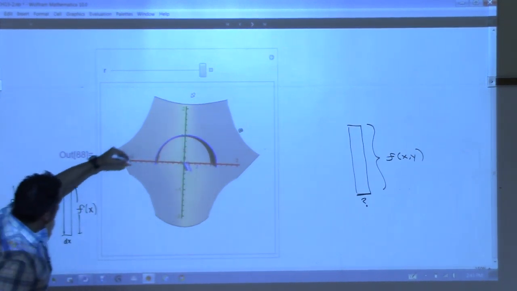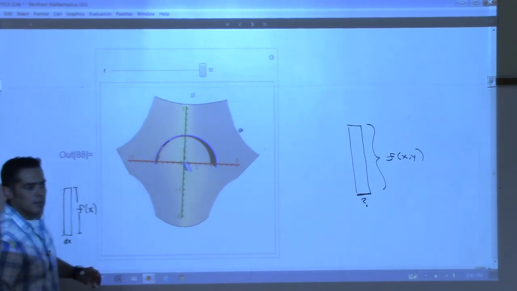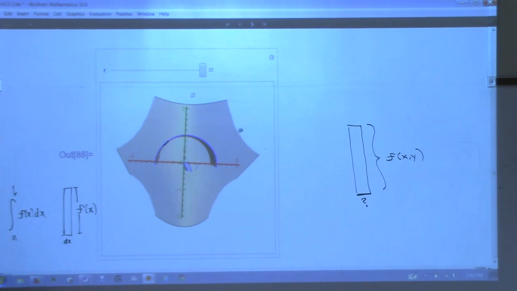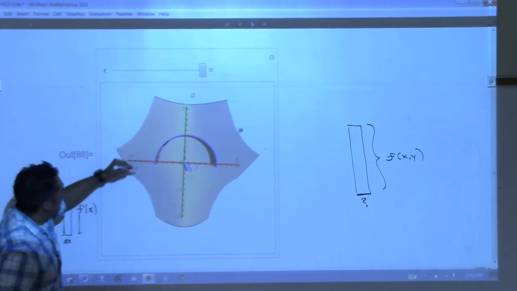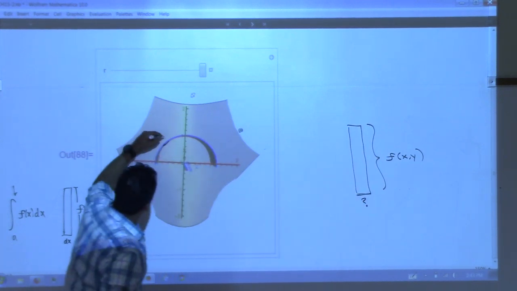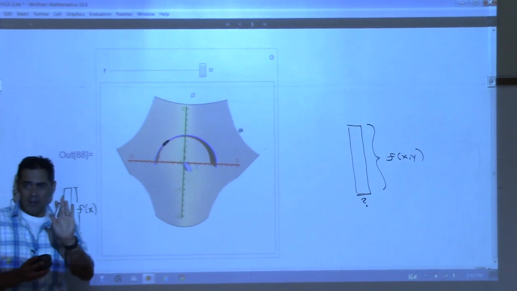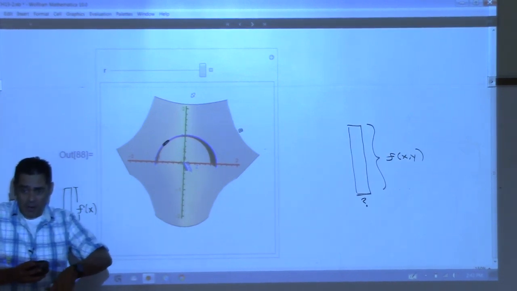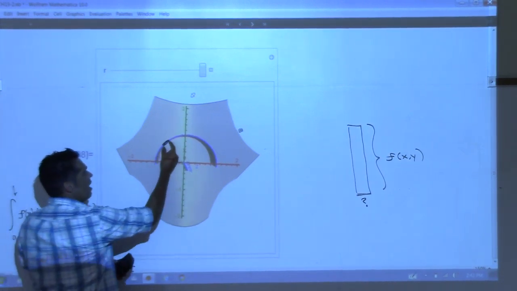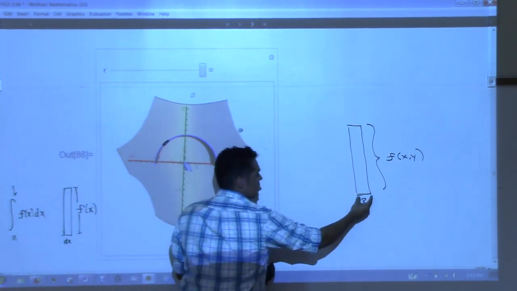So the bottom edge of our rectangle is like that, right? So what we're doing is we're going to approximate this straight line right here. We know it's a curve, right? In reality, our rectangle almost has a curve on the bottom, right? But we're going to approximate it with a straight line segment between those two points.